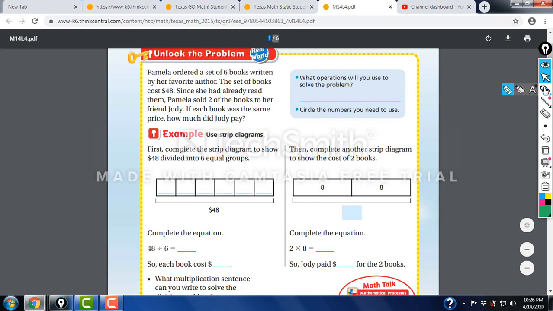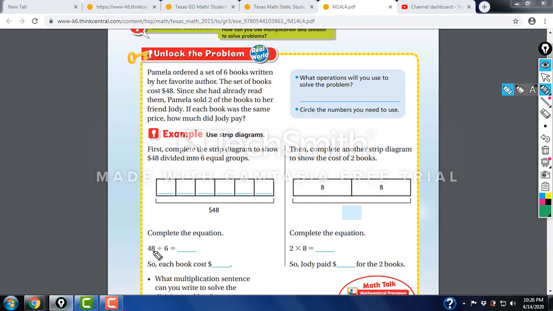So 48 divided by 6, I'm sorry, 48 divided by 6 is 8. So each book cost $8.